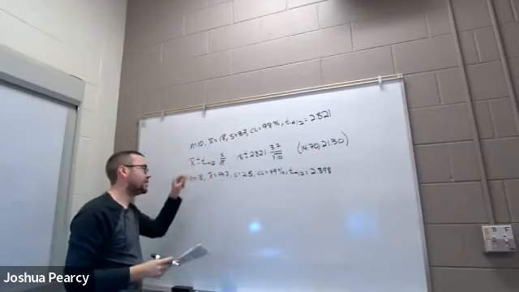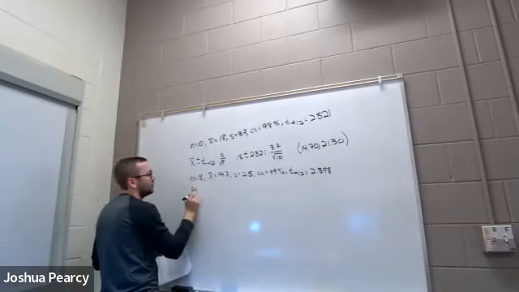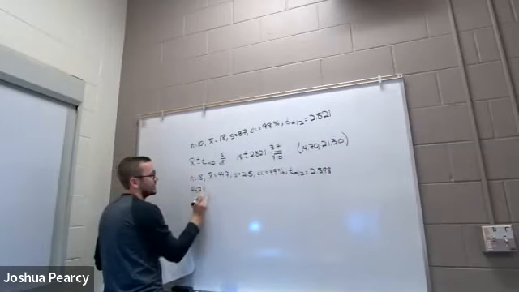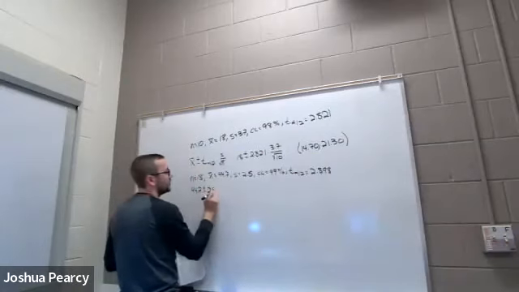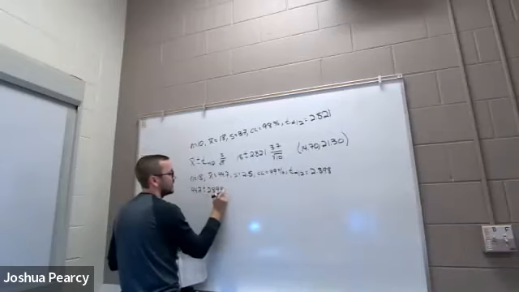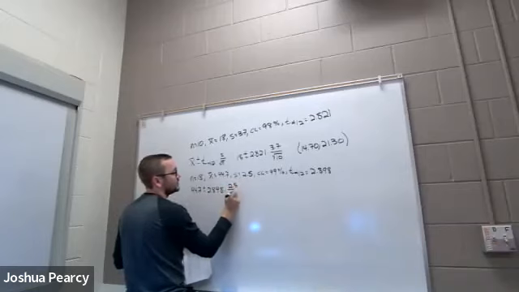Then just plug it in here. That would be 44.7 plus or minus T alpha over 2, 2.898 times S, 2.5, divided by the square root of n, which is 18.